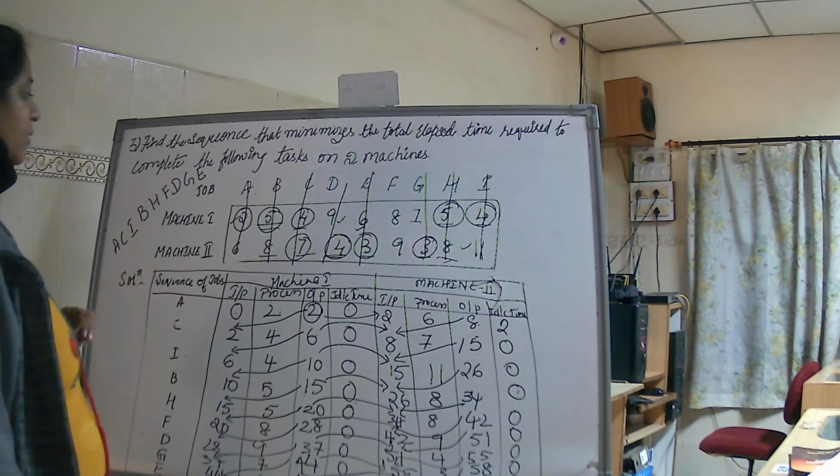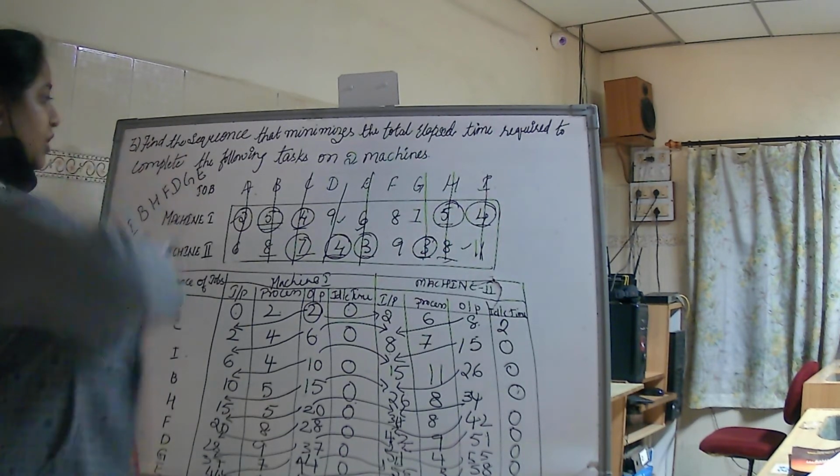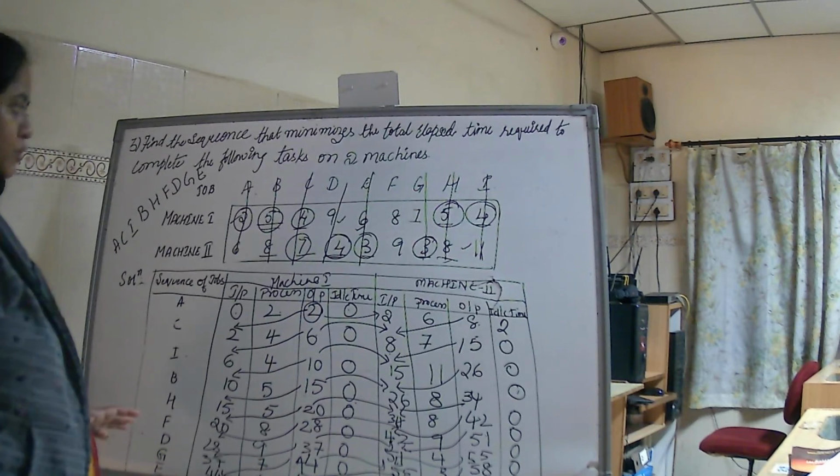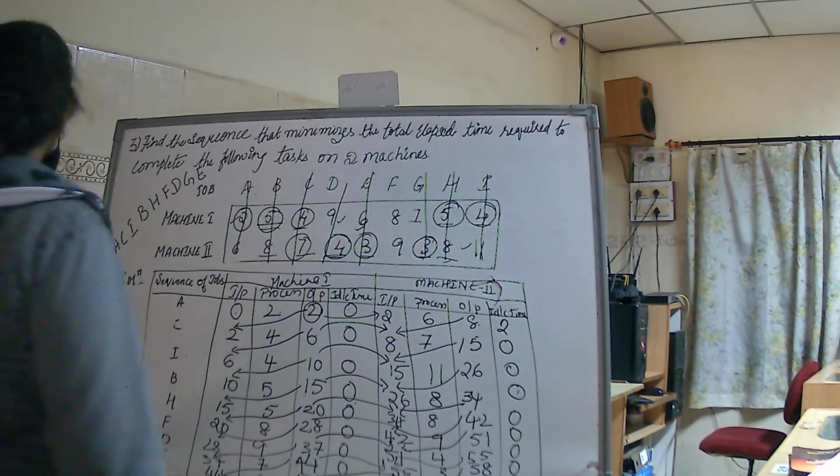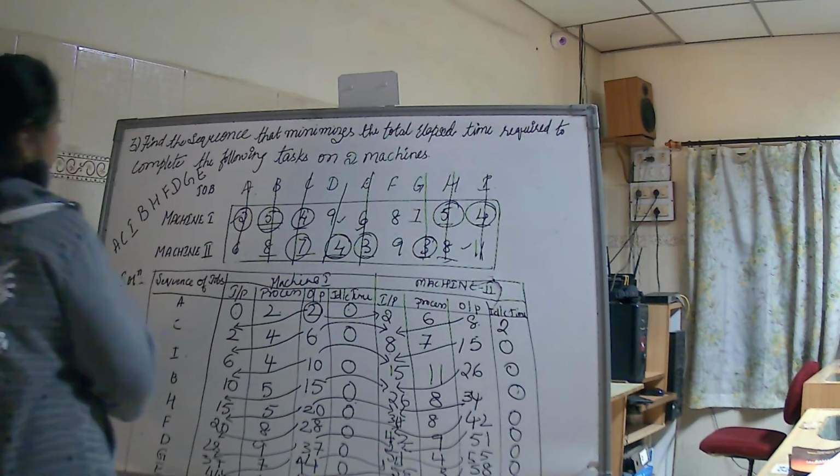So we have calculated machine 1 and machine 2 values. Now let's find the total elapsed time. Okay students, for that I'll be taking it on the top.